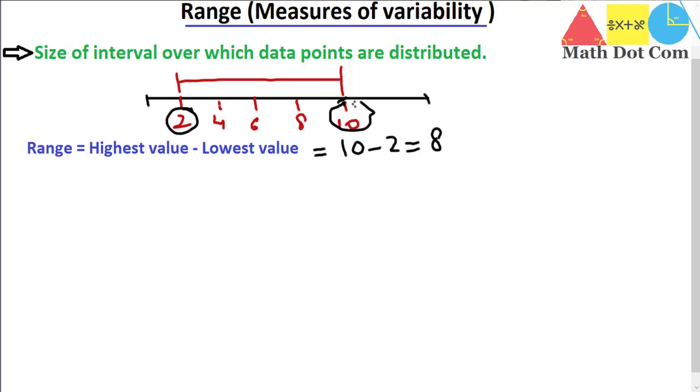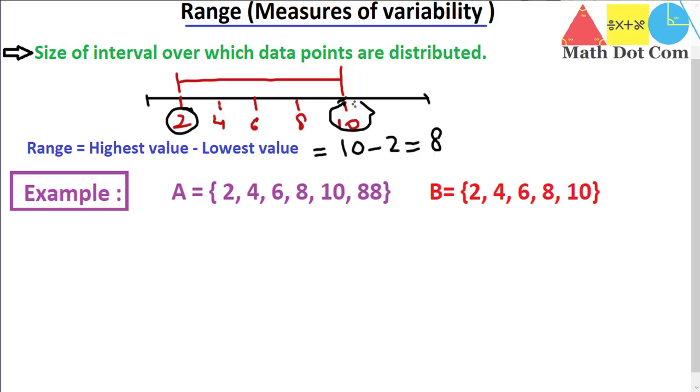Let's have another example so that you can understand a very important piece of information regarding range, a sort of disadvantage related to the range. Here we have two data sets, A and B. We need to find the range of these two data sets. For data set A, range is equal to highest value minus lowest value.